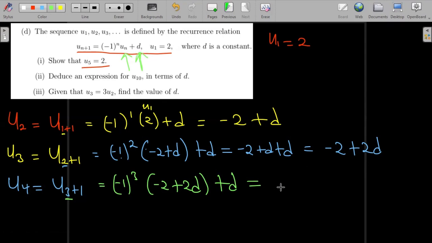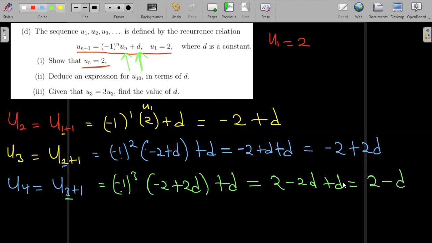So I'm using this formula. So here, minus 1 to the power odd number, it will be minus 1. Minus 1 multiplied by minus 2 to be 2, multiplied by minus 2D, I mean, it will be minus 2D, and then plus D. This will just give me 2 minus D.